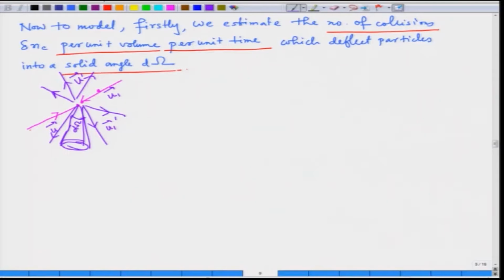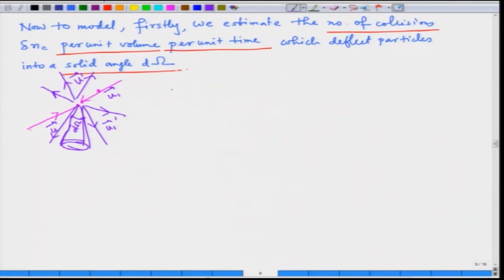So, delta NC will be the number of collisions per unit volume, per unit time, that deflect the particles into a solid angle d omega. That means those collisions which cause one of the particles to deflect in a solid angle d omega. Now, how to do that theoretically? Well, we have to start from a very simplistic assumption.